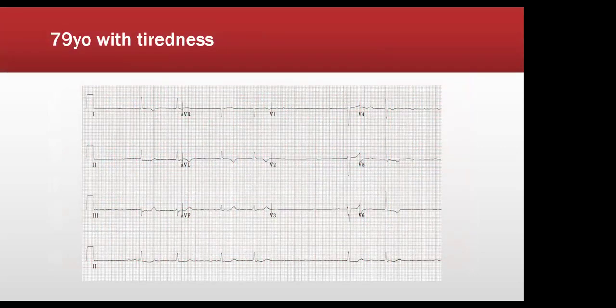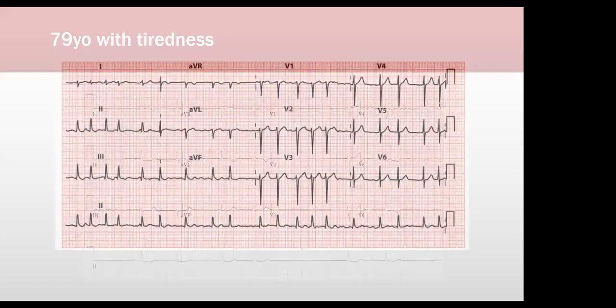What's this? Spot diagnosis? Atrial fibrillation. Atrial fibrillation, with some form of ST segment depression, which again will be because of hypoperfusion. What's this?